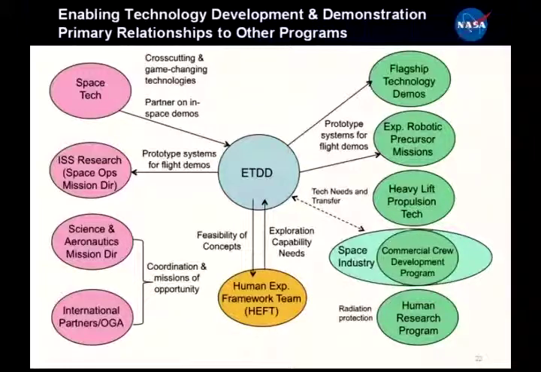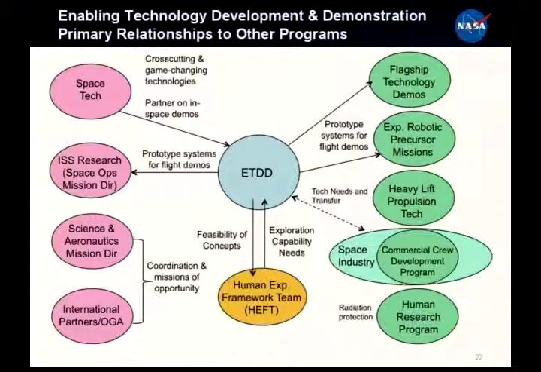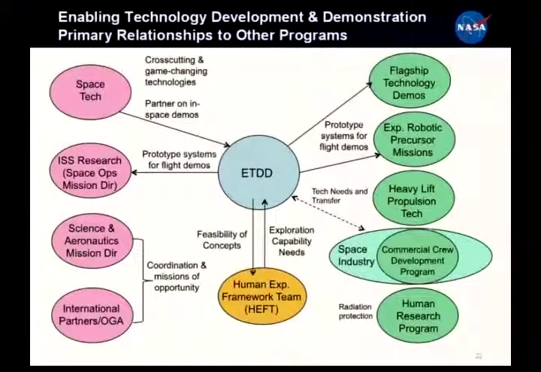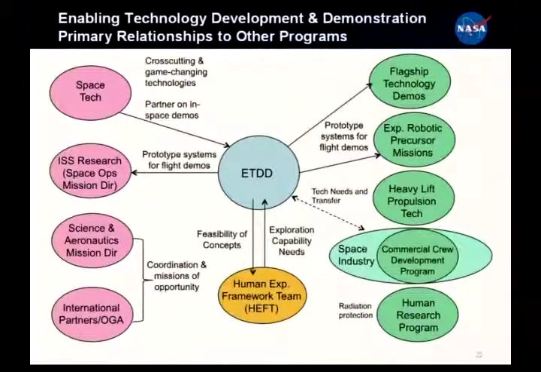You'll hear a lot more about the commercial crew development program later today, and that's trying to enable the ability to launch astronauts into low Earth orbit on commercial rockets. But our program would like to address some of the longer range technology needs for that program.